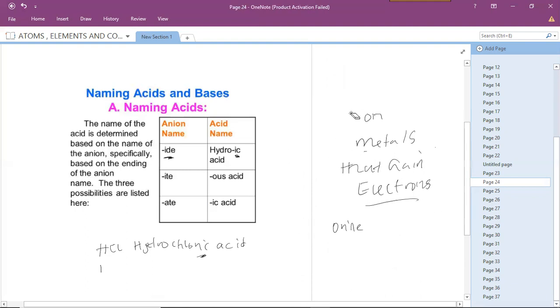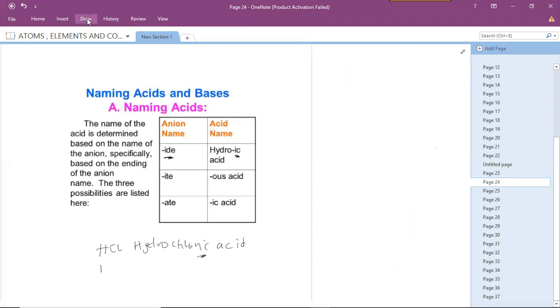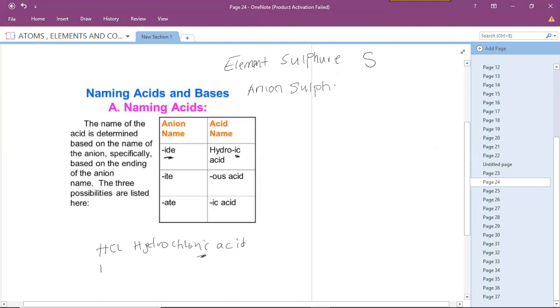So let's say sulfur, the element, denoted as S, is very unstable. To become stable, it gained a few electrons and became the anion sulfide, IDE, S2 negative.